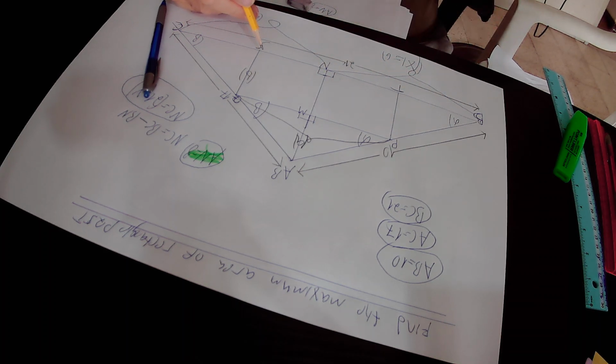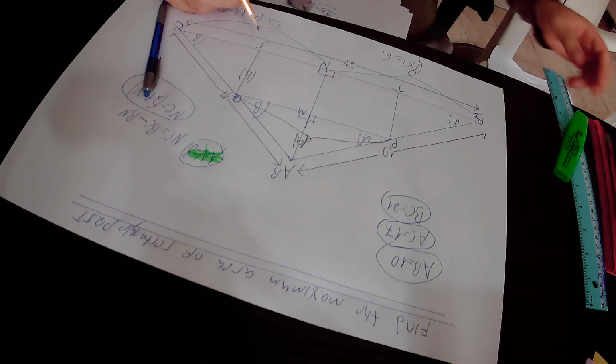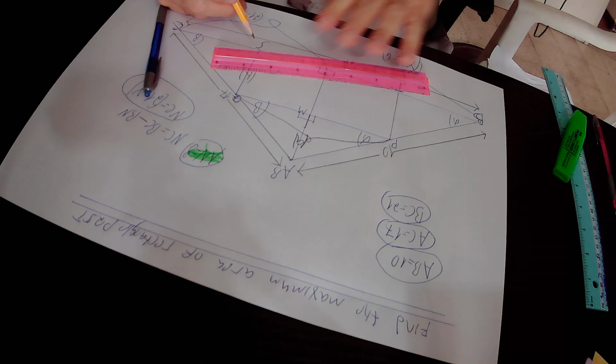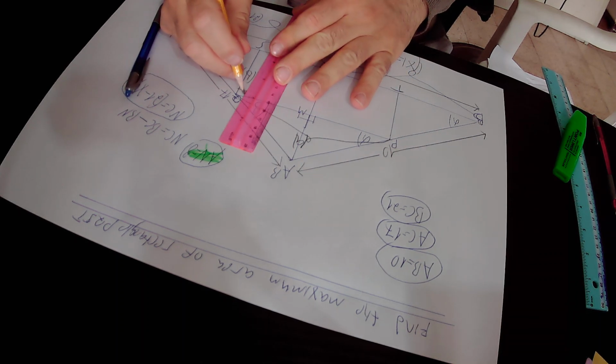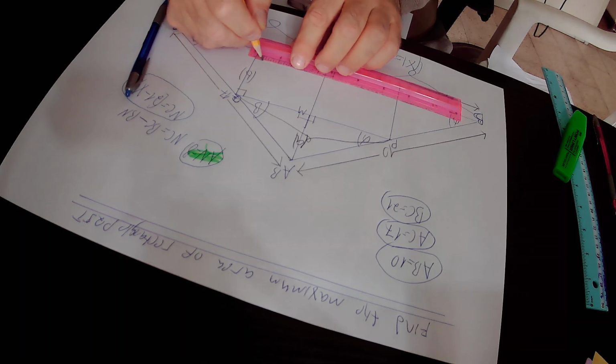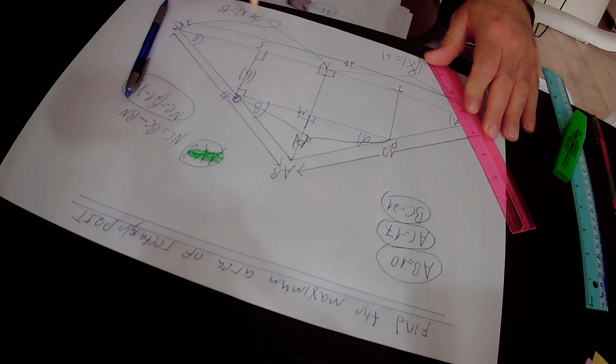In the next step, we'll focus on this quadrilateral MQSN. First of all, this angle equals 90 degrees, and this angle also equals 90 degrees because it is given in the question that PQST is a rectangle.